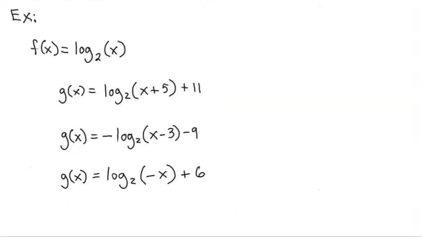All right, so let's say that we have a function f of x, which is log base 2 of x, okay? And we have this function g of x. And g of x is log base 2 of x plus 5 plus 11. And what we would say here is that g of x is f of x, okay, because look, log base 2, it's the same thing, is f of x shifted.